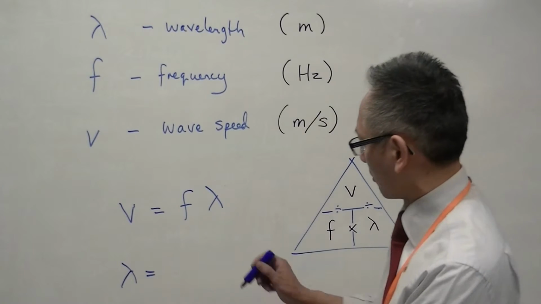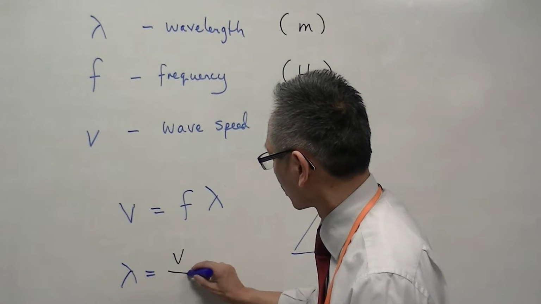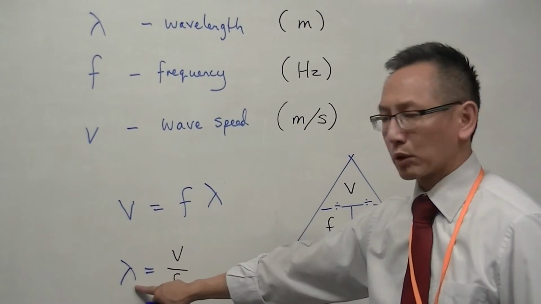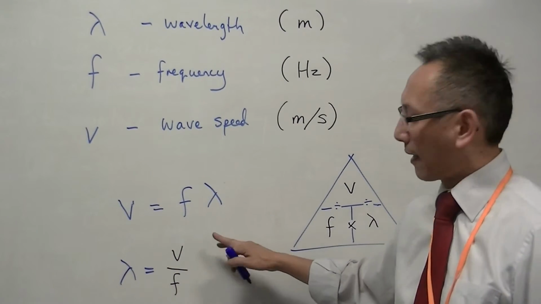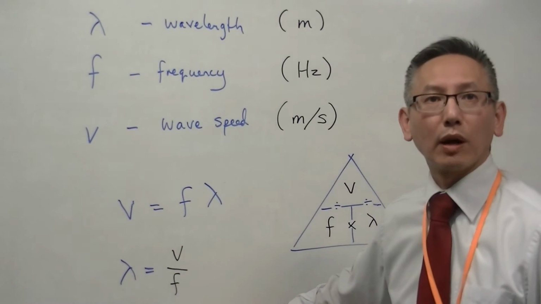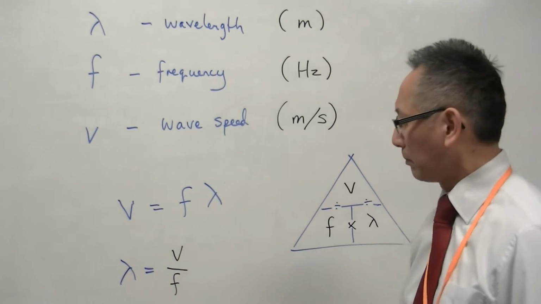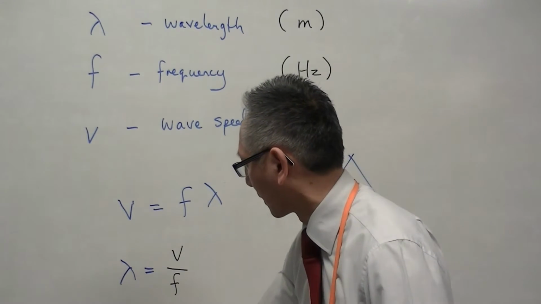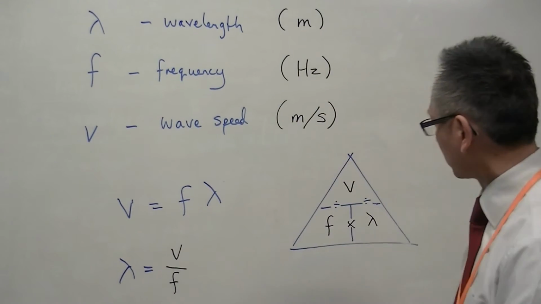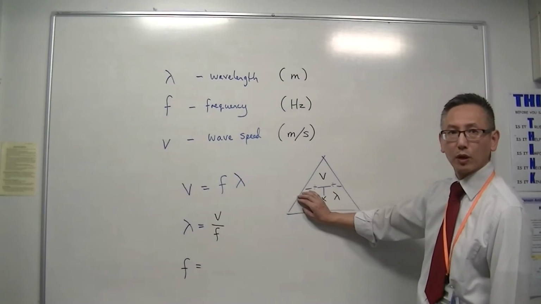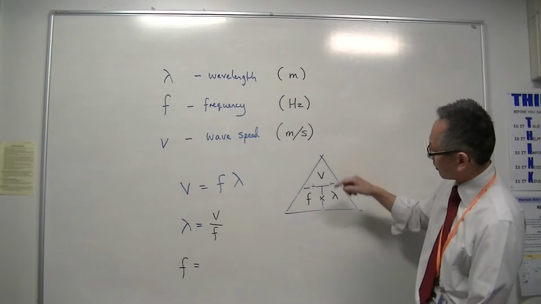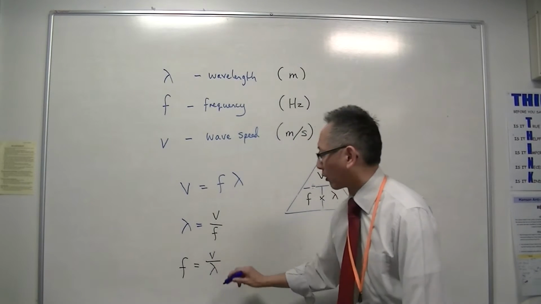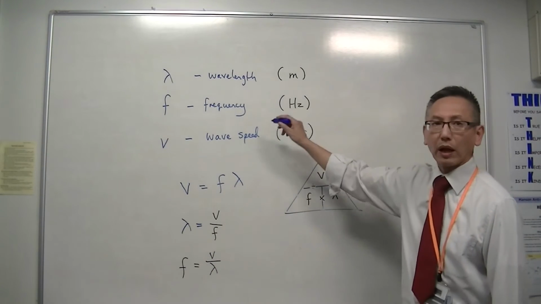That means to work out the wavelength, you need the wave speed divided by the wave frequency. Okay? And similarly, if you are asked to work out the frequency, you put it on its own, you come back to the triangle, you cover it up, and you are left with the wave speed over the wavelength. That is the thing.